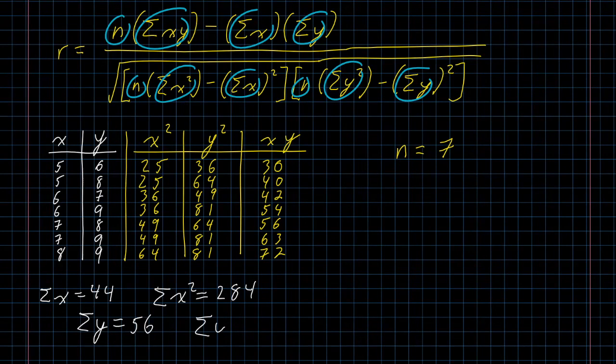The sum of all of the y squareds is 456, and the sum of all of the x times y's is 357. Again, just column by column, I'm adding everything together in that column to get a nice single value.